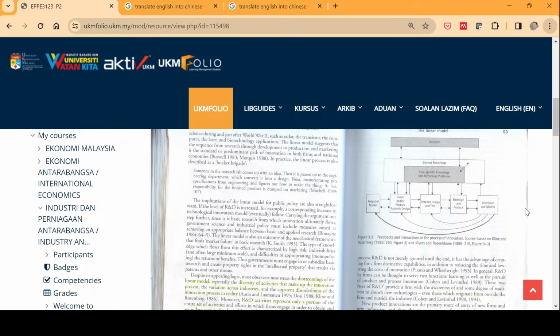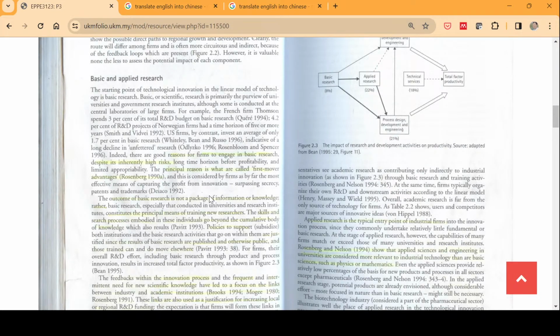Now, we come to what I spoke of just now, basic and applied research. Again, basic research is done by universities and public or government research institutes, because you invest a lot of time and money and also human resources, but the result will become public goods.